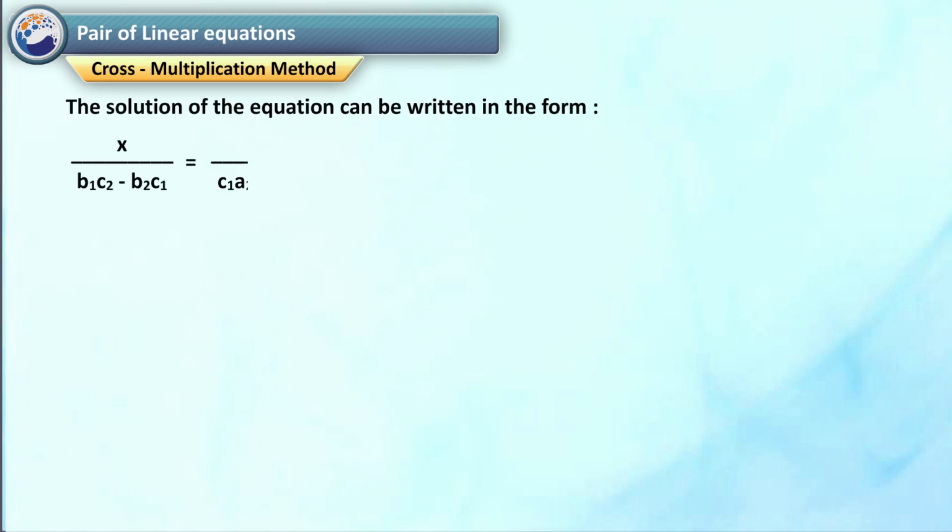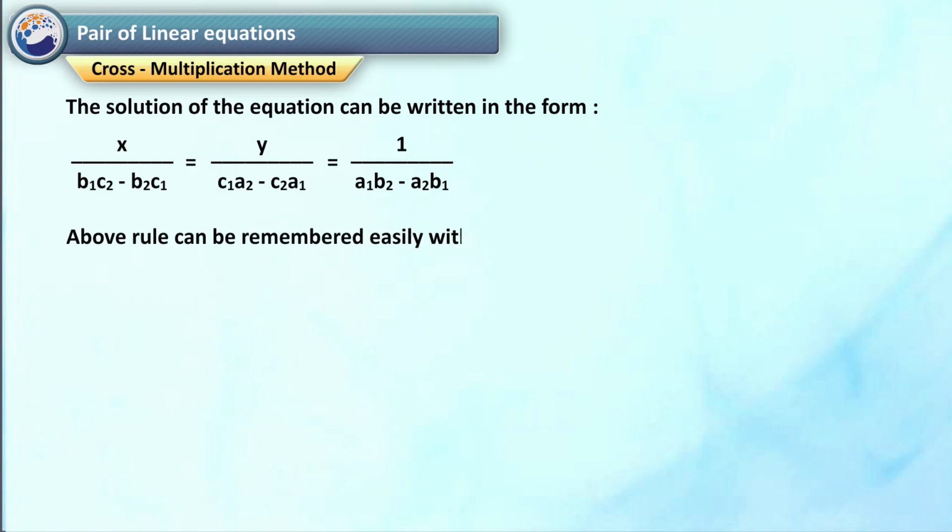The solution of the equation can be written in the form x upon b1 c2 minus b2 c1 is equal to y upon c1 a2 minus c2 a1 is equal to 1 upon a1 b2 minus a2 b1. Above rule can be remembered easily with the help of this diagram.